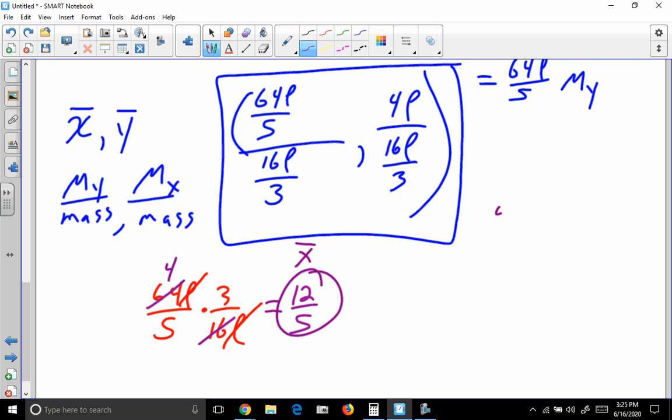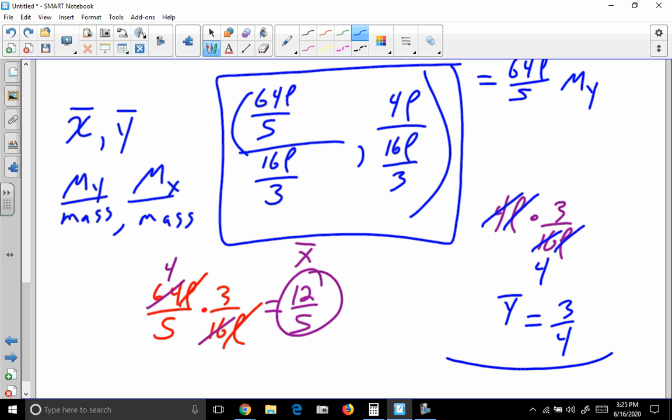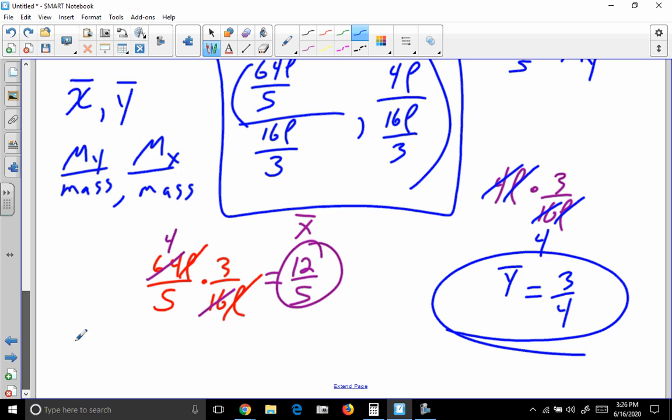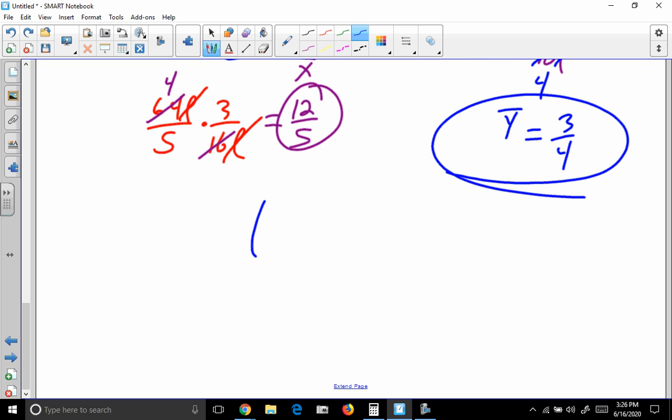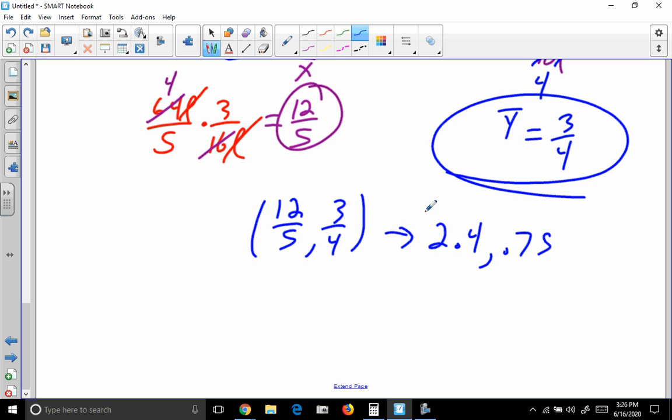For the other one, we have 4 rho on top. If we multiply by the reciprocal, our rhos cancel. 4 goes into 16 4 times. So our y bar comes out to be 3 over 4. That's our center: 12/5, 3/4, or we could call that 2.4 by 0.75.